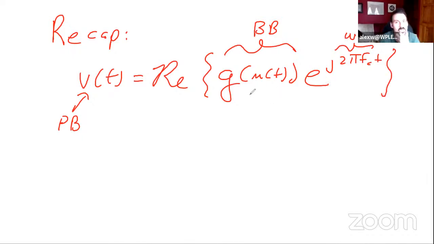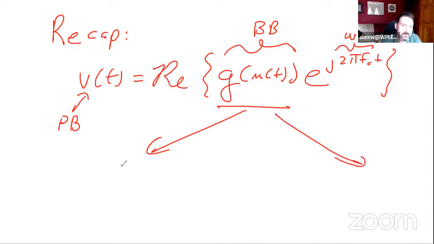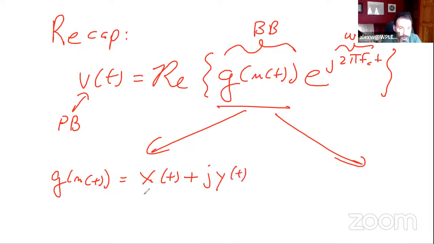And we are told that this mapping can have one of two representations. This g of m of t can assume the form x of t plus j y of t.